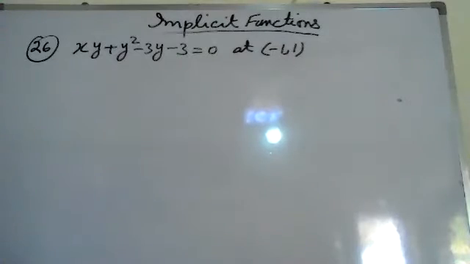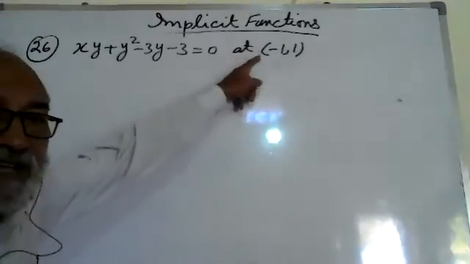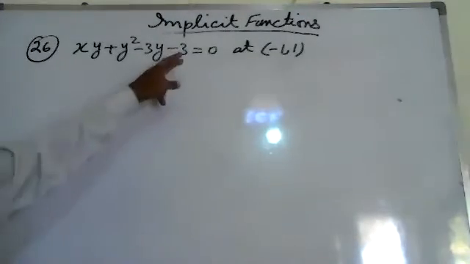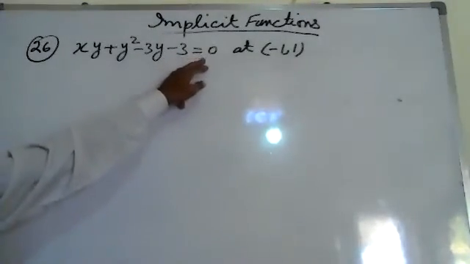So we have to find dy upon dx at minus 1 comma 1. That means first we find dy upon dx, then at the end we will put the values of x is minus 1 and y is 1 to get the answer. First step, we have to convert it into equal to 0.